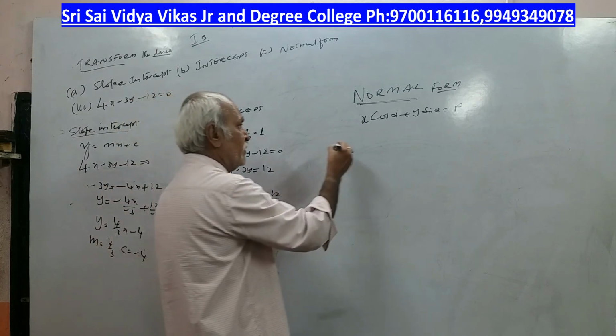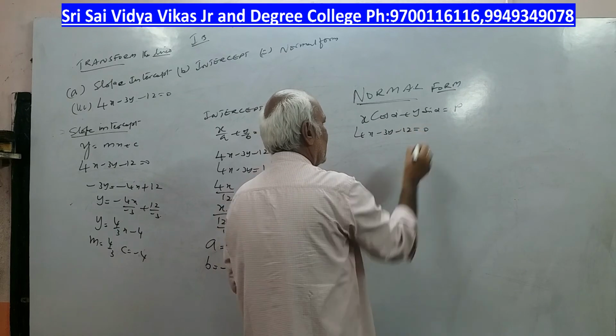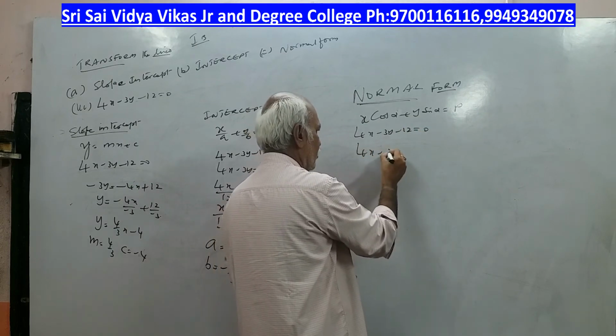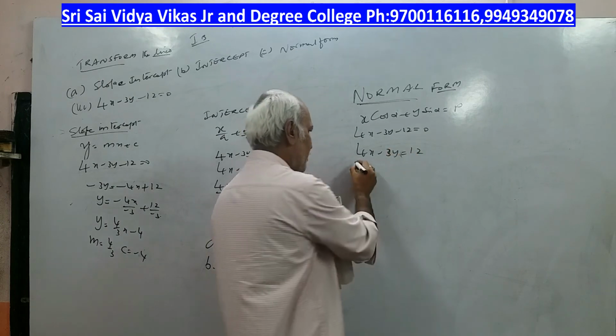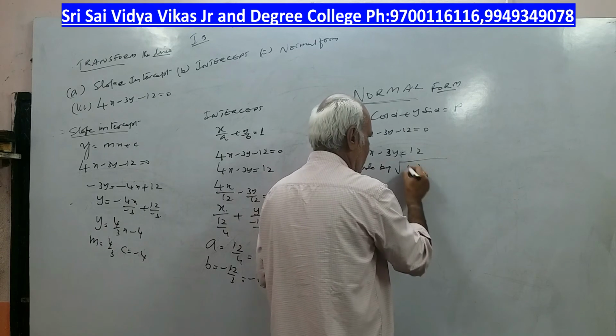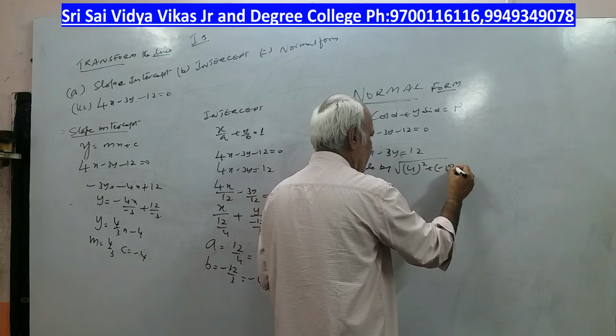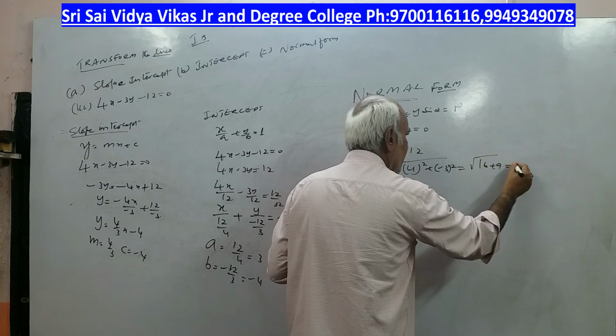Next, this is very, very important. So, 4x minus 3y minus 12 is equal to 0. 4x minus 3y is equal to 12. So, divide by root of 4 square plus minus 3 square. Which is nothing but 16 plus 9, which is 5.